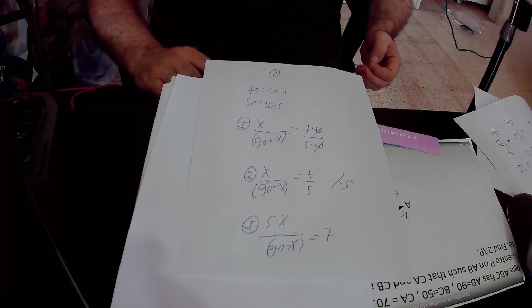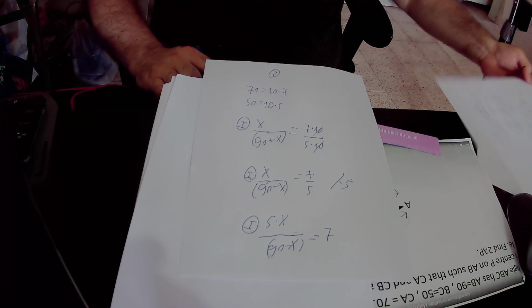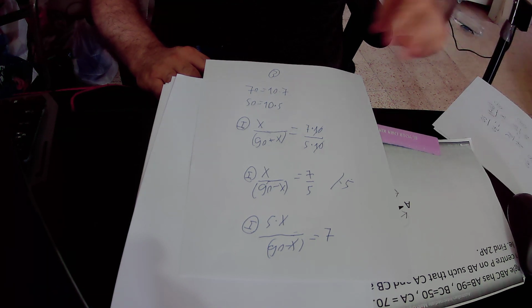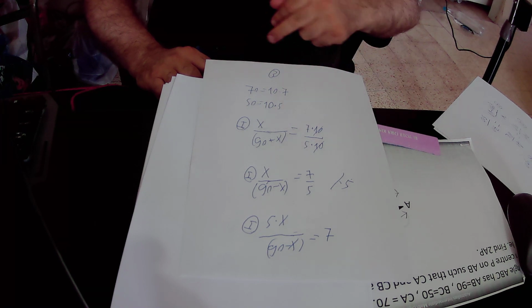The next step, we multiply both sides of the equation by 90 minus x.